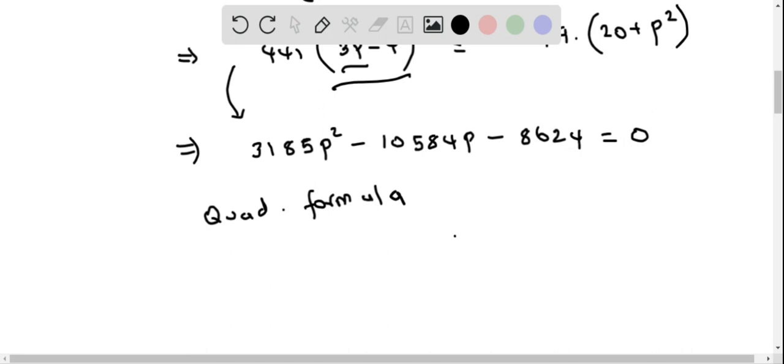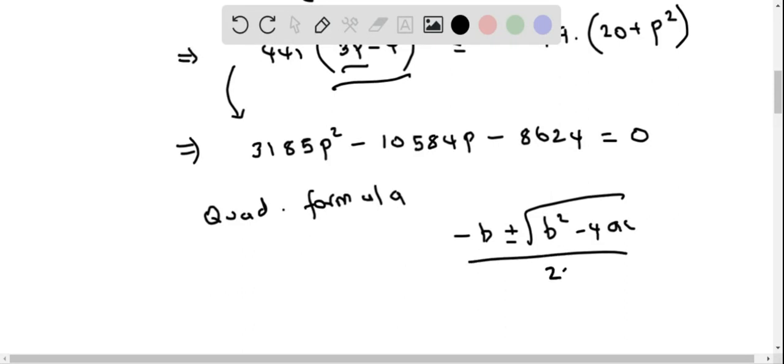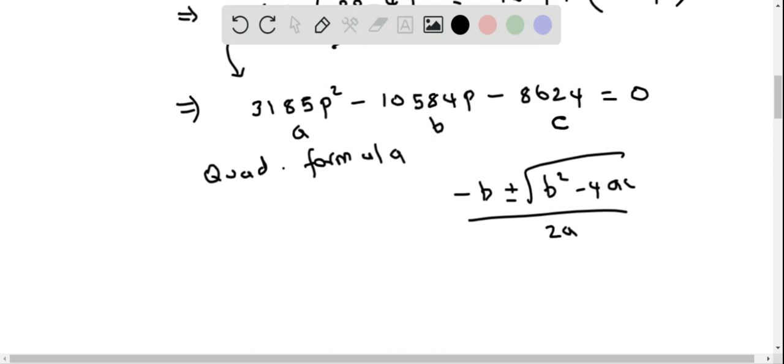That is, we use the formula negative b plus or minus square root of b squared minus 4ac over 2a, where a is the coefficient of p squared, b is the coefficient of p, and c is the constant term negative 8624.